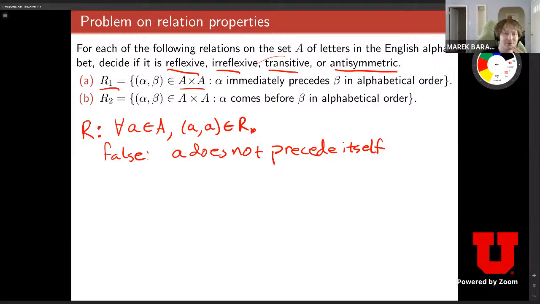Okay, so for irreflexive, this one's not quite the opposite of reflexive. So for this one, we're saying for every A in A, the pair AA is not in the relation. Does anyone want to venture if this one is true or false?